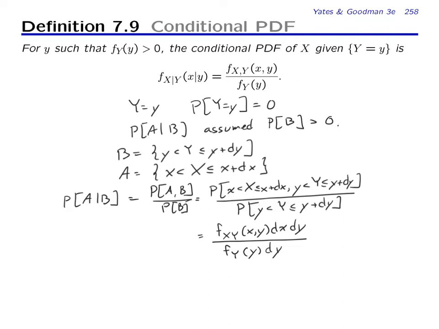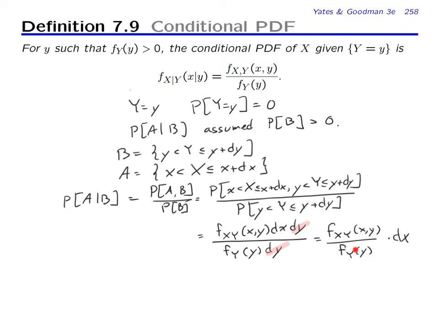And we see we're on the right track because these dy's cancel out, and what we obtain is the ratio of the joint PDF of x and y to the marginal PDF of y, times dx. We see that this ratio of the joint PDF to the marginal PDF of y is precisely what we defined to be called the conditional PDF of x given y.